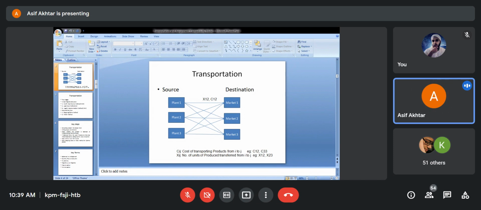To find the initial feasible solution, we can use any one of the 3 methods. And once we calculate it, we move to stage 2, the optimal solution, for which we have 2 methods, and we can use either one. So transportation is divided into two stages: stage one is the identification of the initial feasible solution, the basic solution, and then we move to the optimal solution. I will show the same.